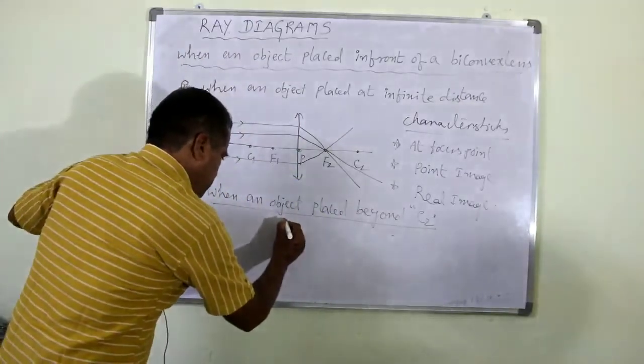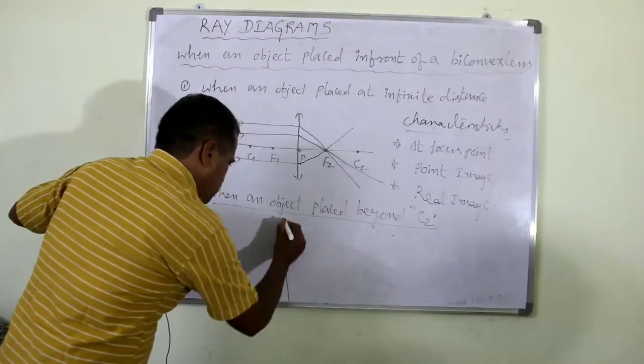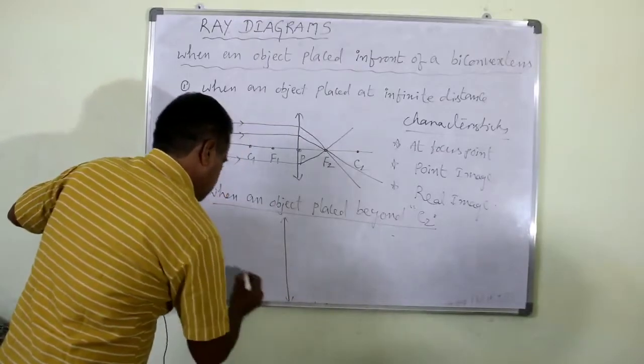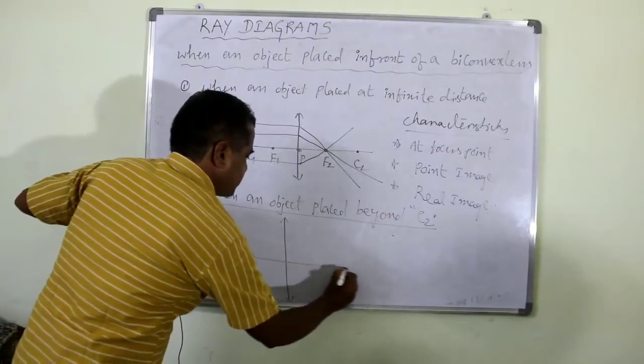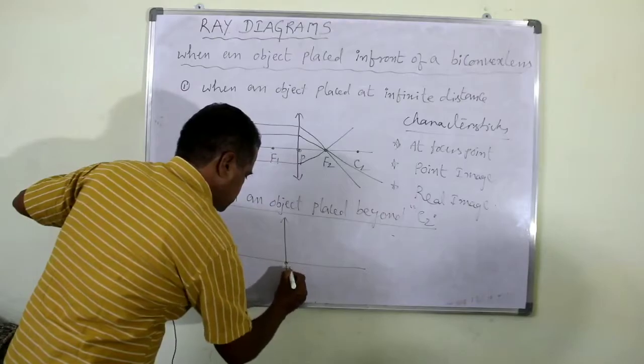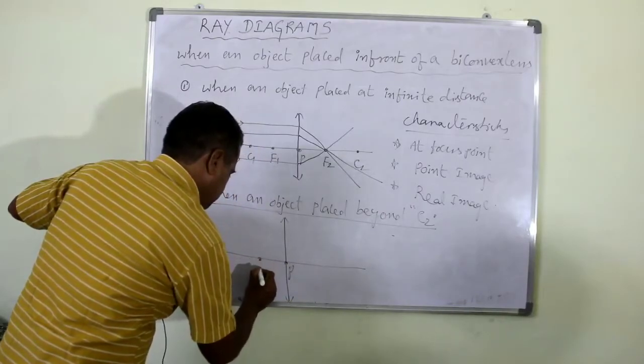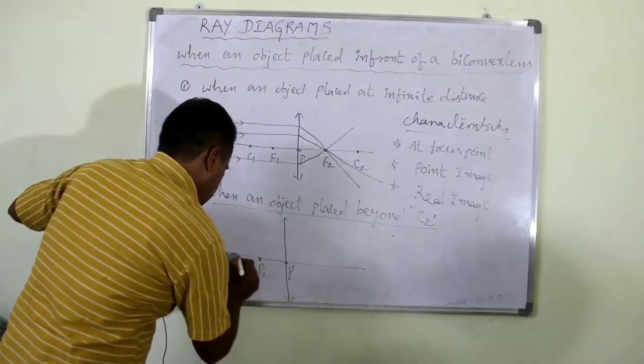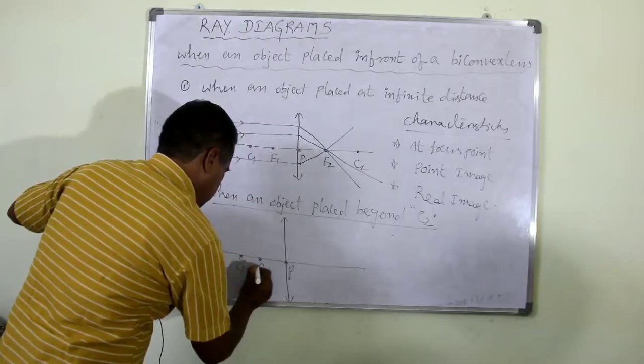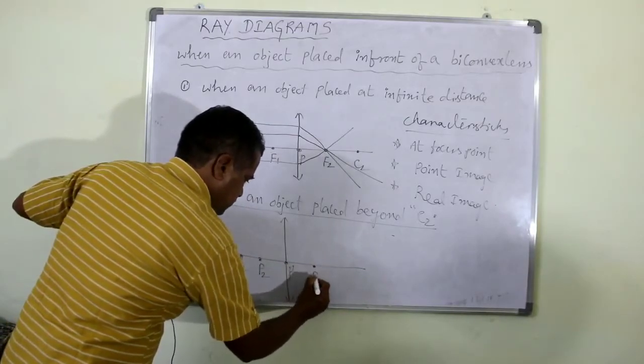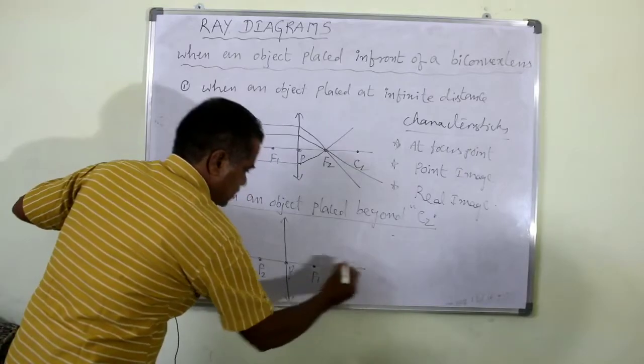So draw a biconvex lens, principal axis, optic center, focus point, center of the curvature, focus point, center of the curvature.